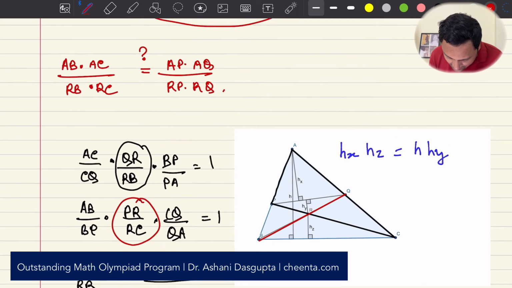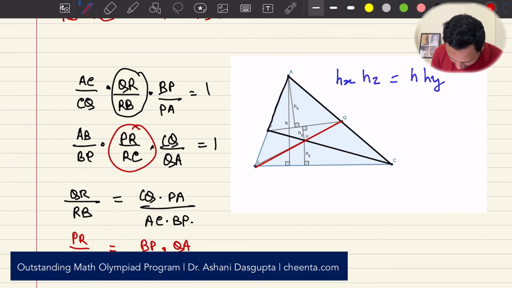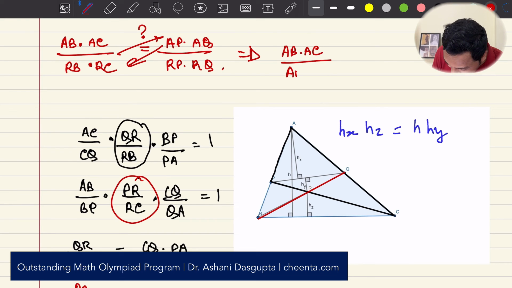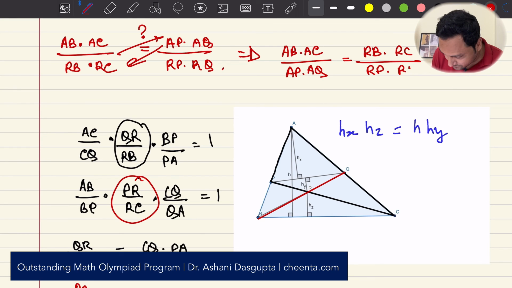Because you see, that's what I have here. I'll just cross multiply and you will be immediately able to see this. So if I just cross multiply this out, I'll have AB times AC divided by AP times AQ equals RB times RC divided by RP times RQ, right?